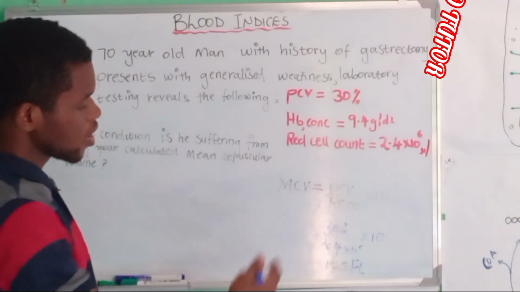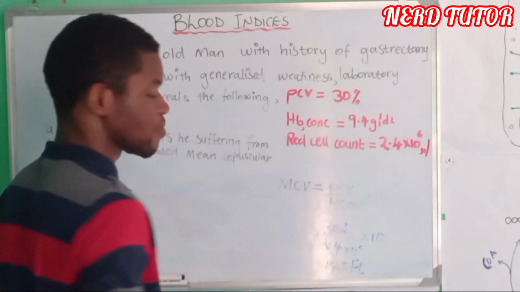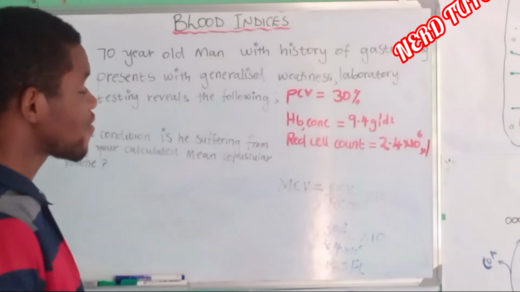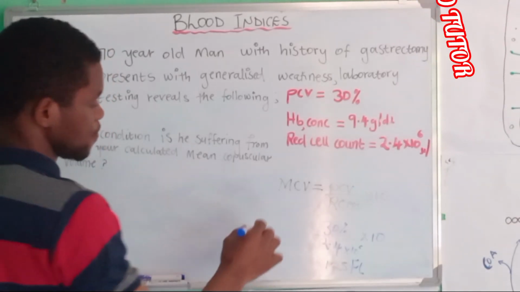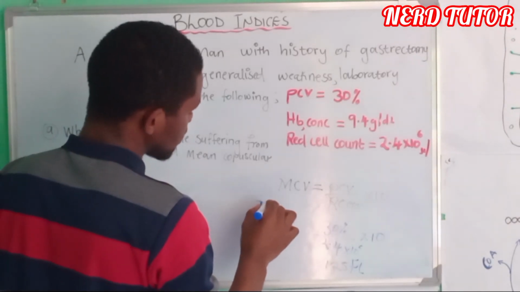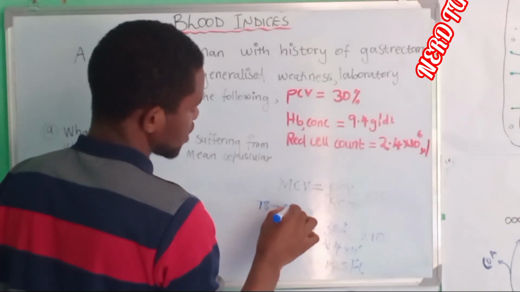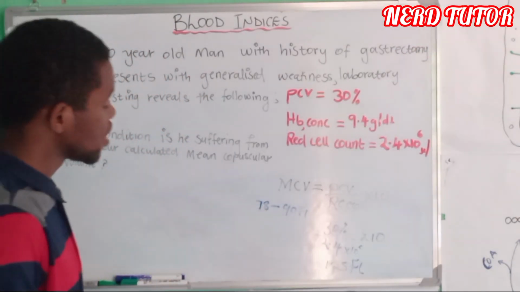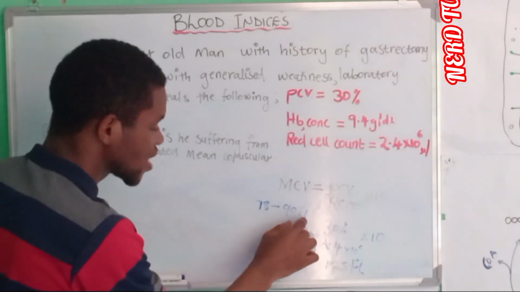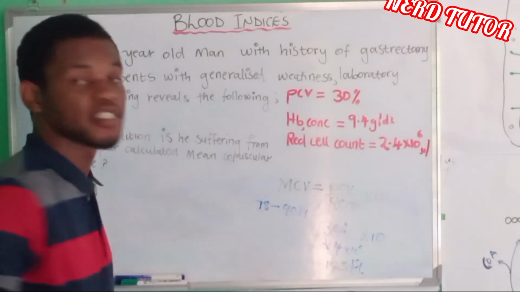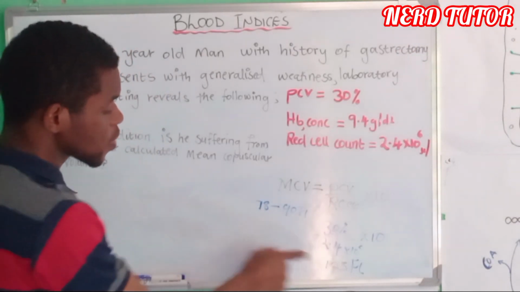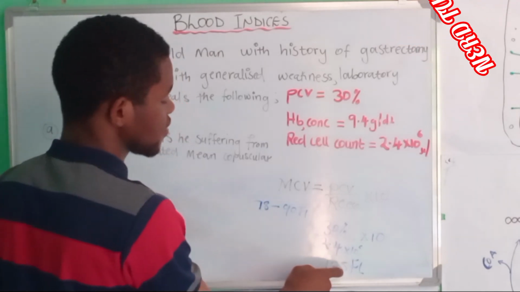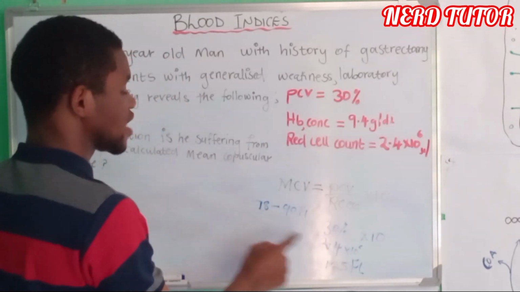The normal range is supposed to be 78 at least to 90 femtoliters. It should be between 78 and 90. If it is above, then it is abnormal. And this one is above, because it is 125 instead of being between 78 and 90.